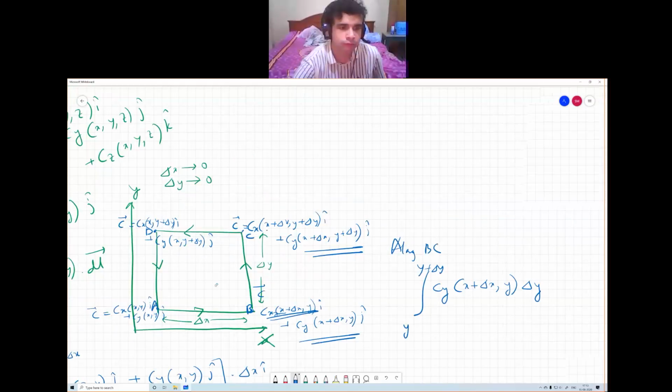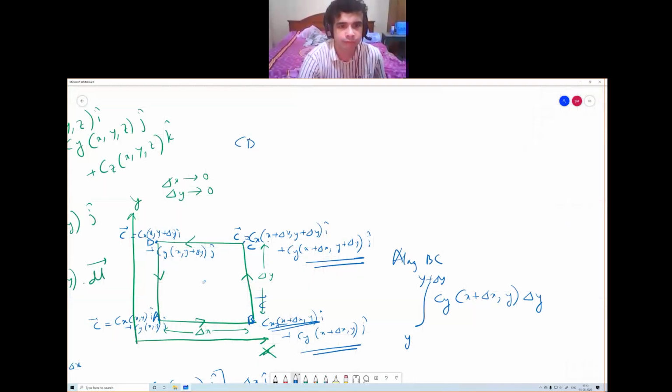What about CD? Anyone tell what will be the integral along CD? We are integrating from x plus delta x to x.